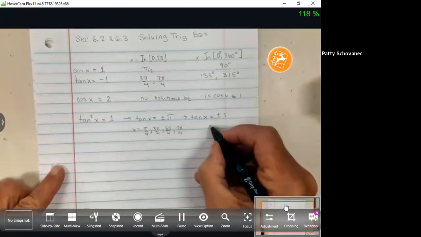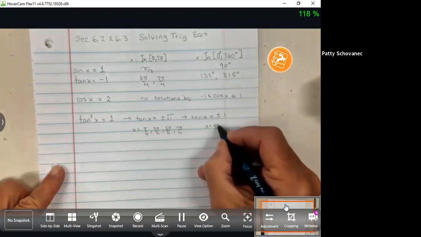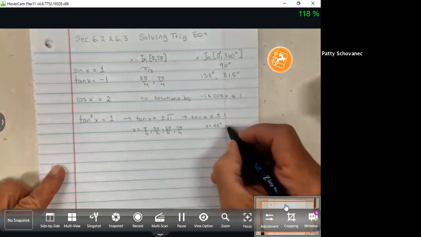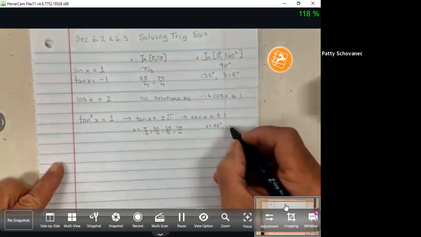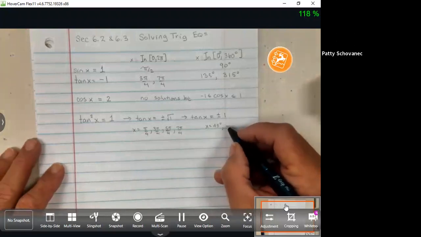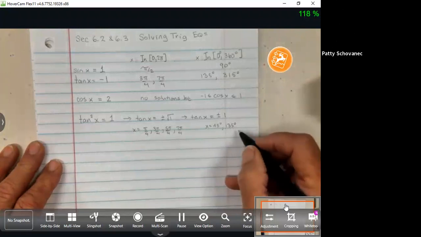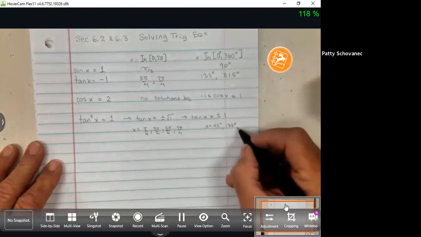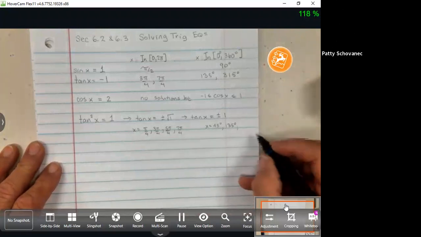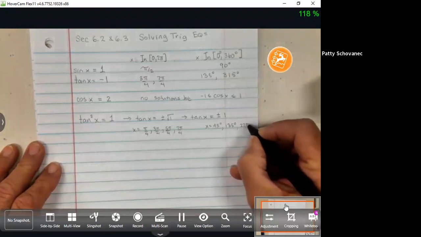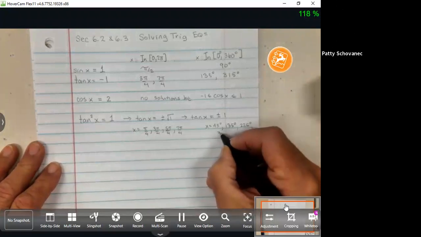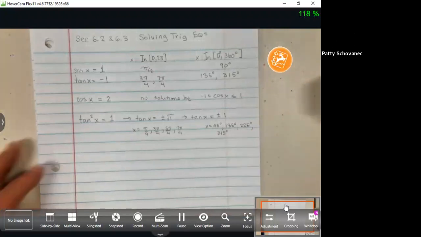In terms of degrees, we got the 45 degrees. 3 pi over 4 is 180 minus 45 degrees is 135. And then 5 pi over 4 is 180 plus 45 degrees, or 225. And then there's the 315 degrees that we got earlier.